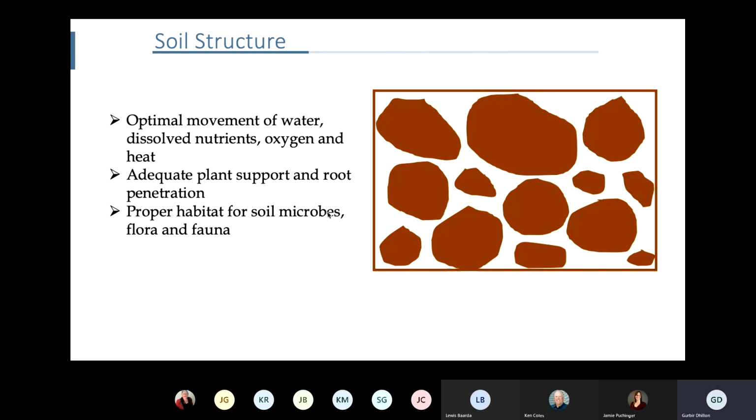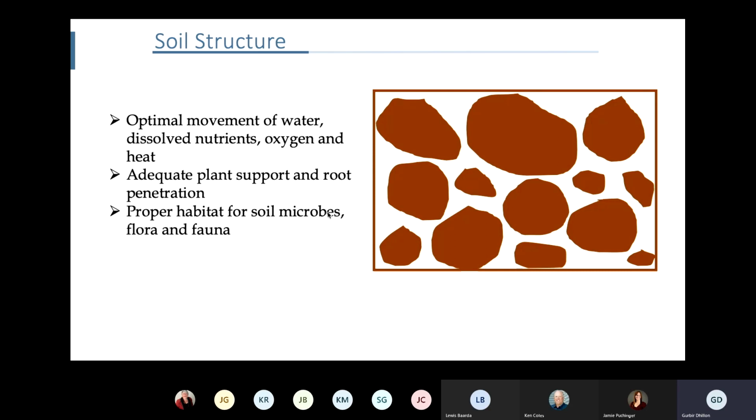The aggregation of soil determines the amount and the interconnectivity of these pores. Large aggregates lead to lower bulk density and a higher proportion of macropores, which aid in optimal movement of water, nutrients, oxygen, and heat to the plant roots. They also help in supporting the plants and also in the penetration of roots.